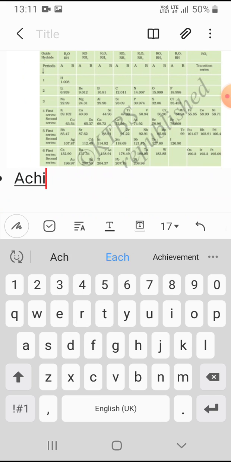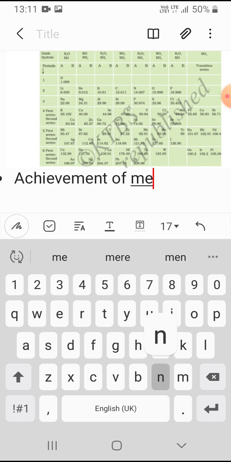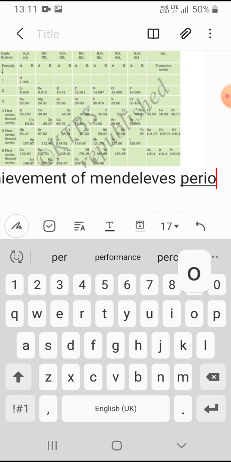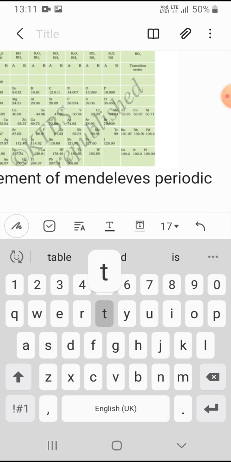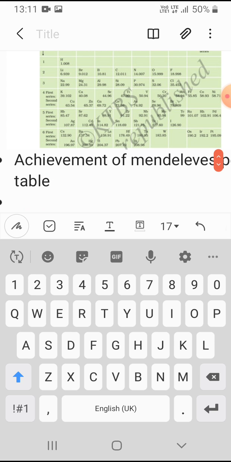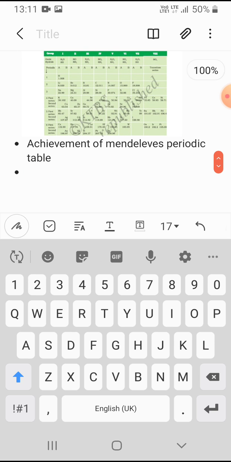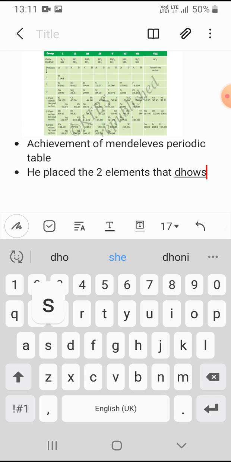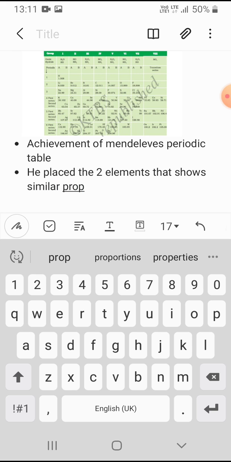Achievements of Mendeleev's periodic table. What achievement did he make? He placed the elements that show similar properties in the same column.